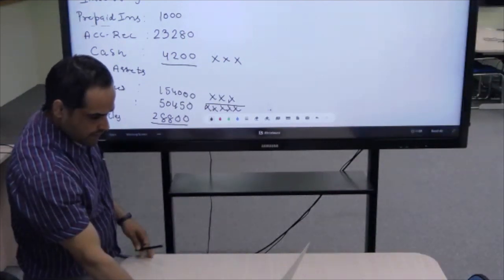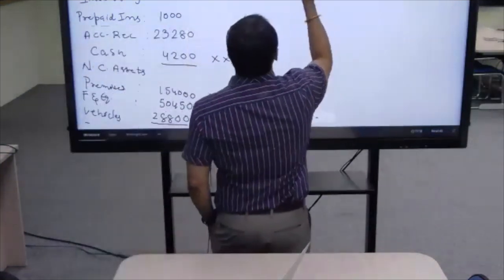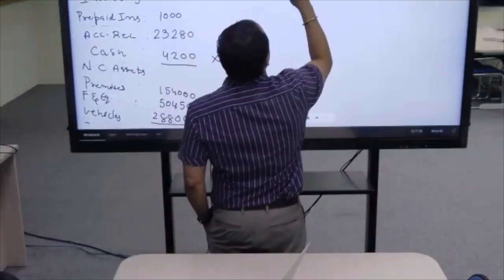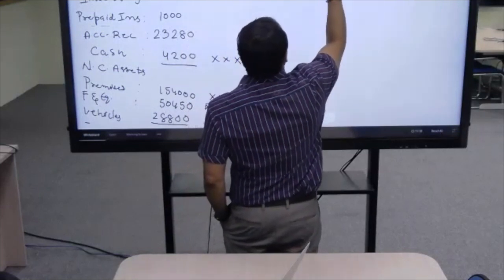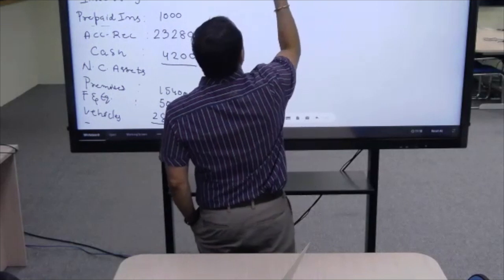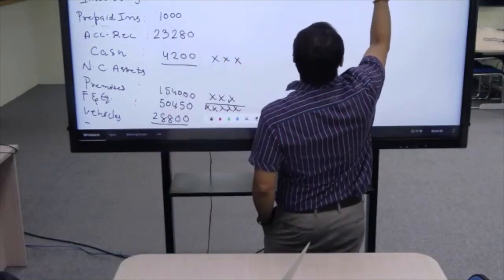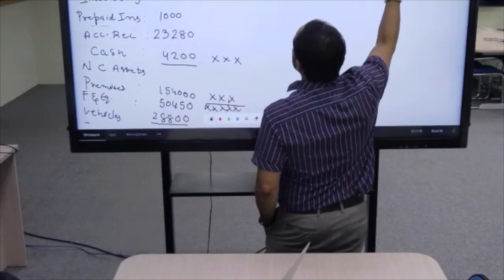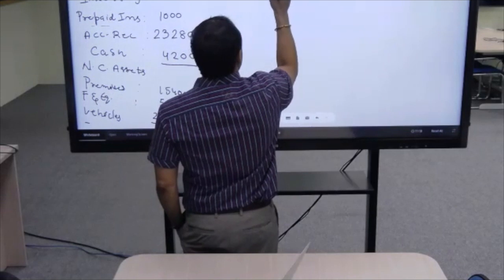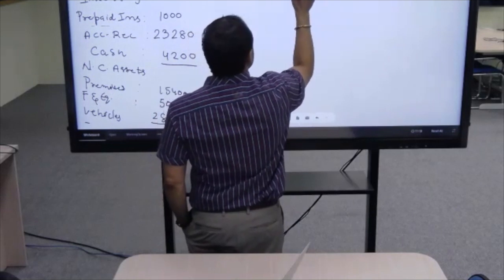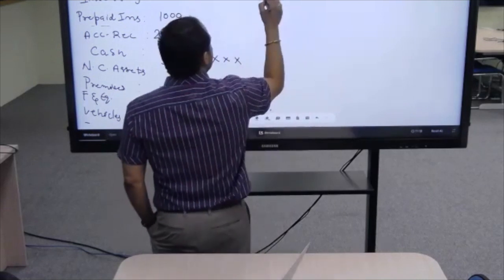So we start with the liabilities. So total liabilities and equities.